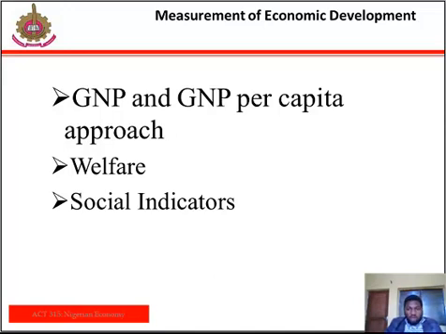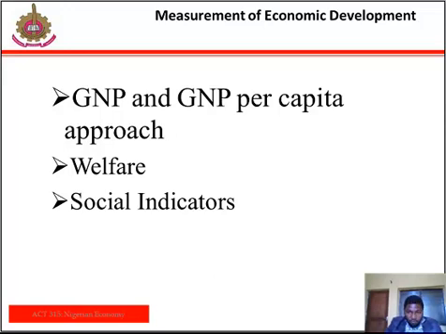The third one is the social indicator. Social indicators are usually referred to as the basic needs for development, and this basic needs approach focuses on alleviation of poverty by providing the basic human necessities. However, economists don't agree on the same thing. Some believe the basic needs are this, while some believe the basic needs are that.